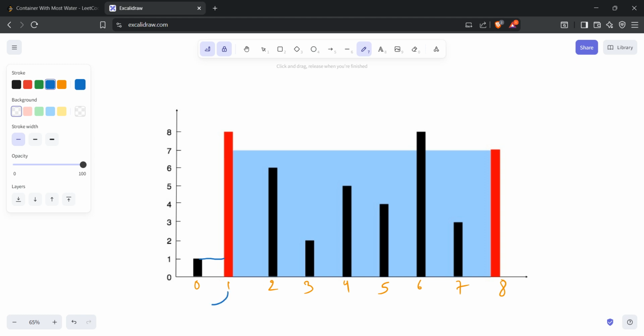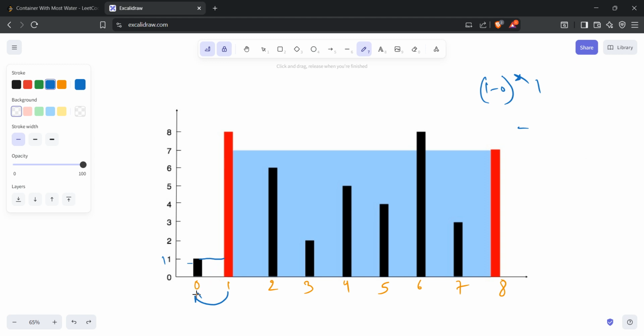Here the length is 1 minus 0, that means 1, and the breadth is the minimum of the two heights. Here it is 8 and 1, so the minimum is 1. Therefore 1 into 1, 1 unit of water is stored in this container.